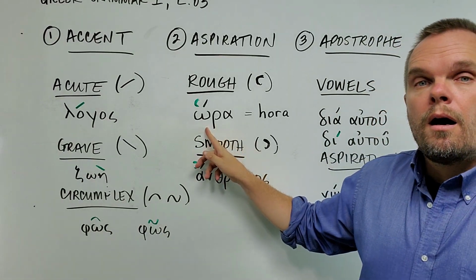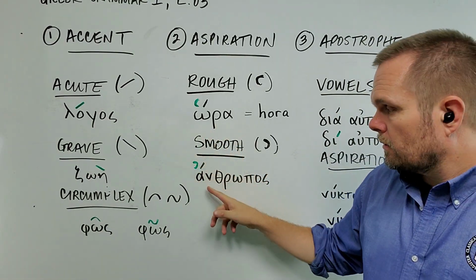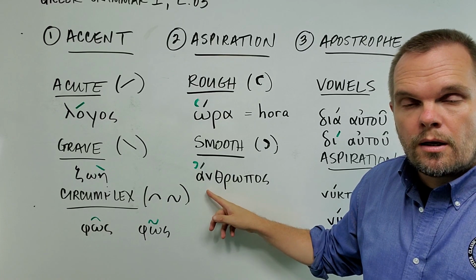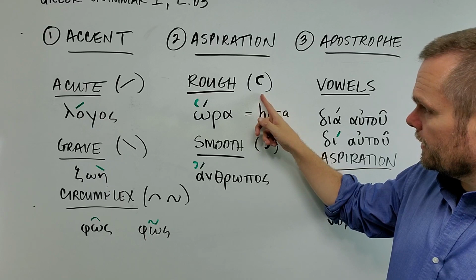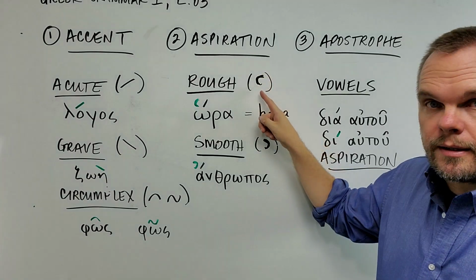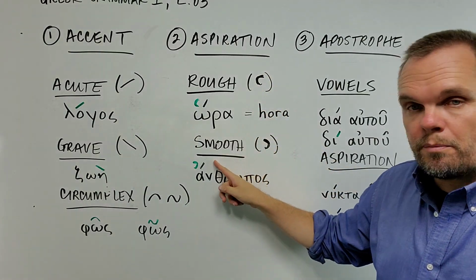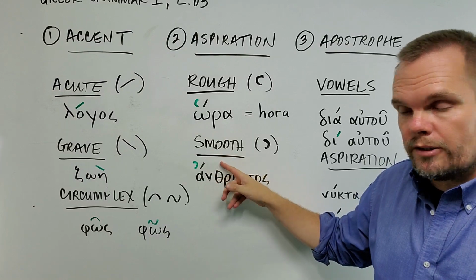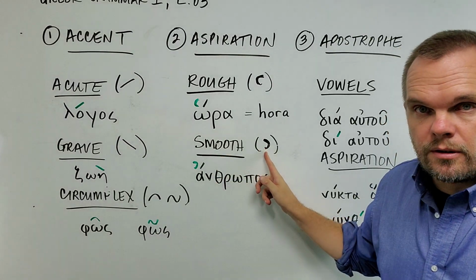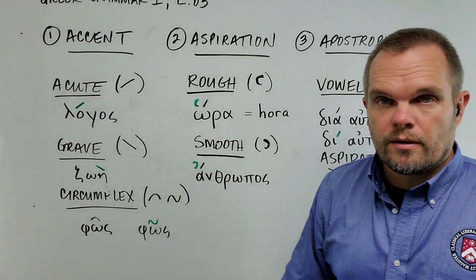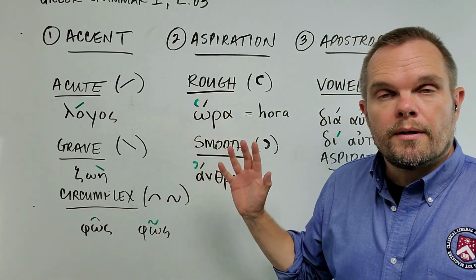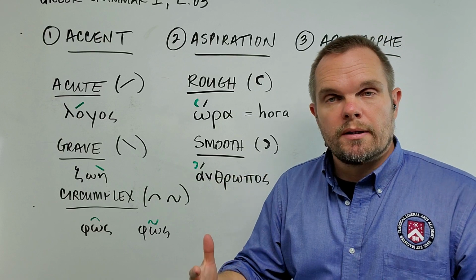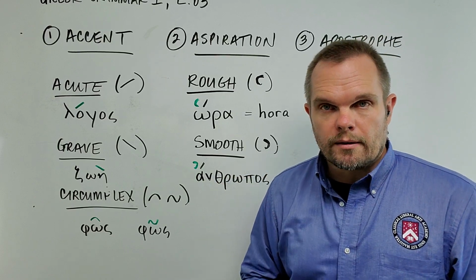Hora, anthropos. Okay, rough breathing. The mark looks like a letter C. Smooth breathing, or no aspiration, is a backwards letter C above a letter. Simple enough to understand, but it takes practice to actually read the Greek correctly, and you're going to have to work on that.